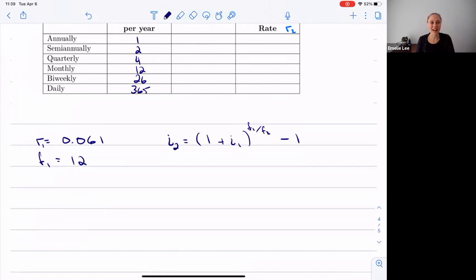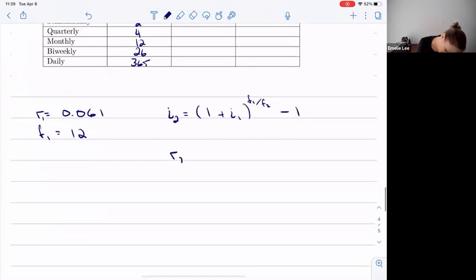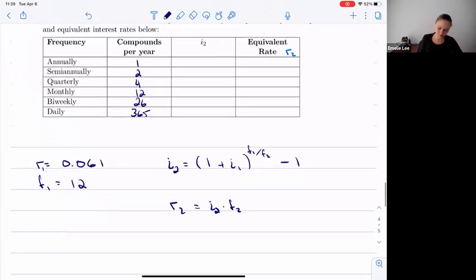And then I2 times F2 is R2. This here is going to be your F2. It's just going to be the same calculation over and over again. First stop I2, then convert to the equivalent rate R2.